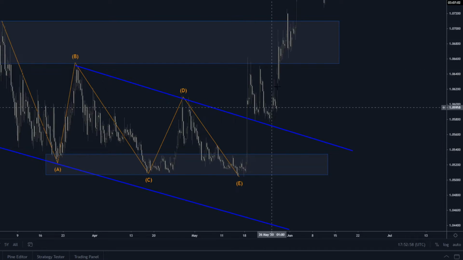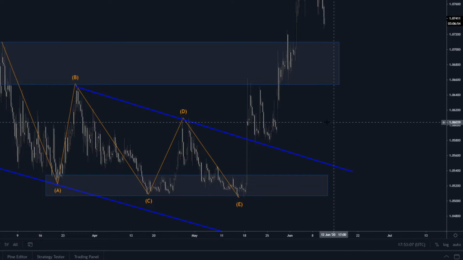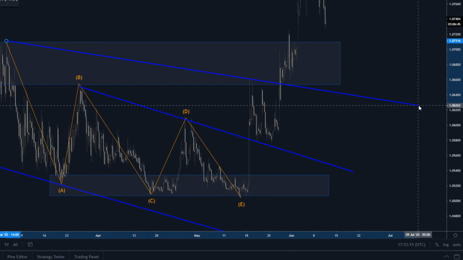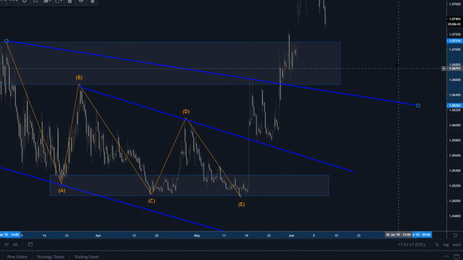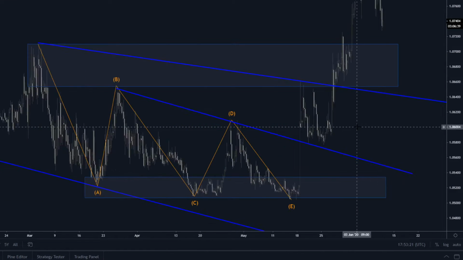And this is the first point where I start entering that pattern. And then once the pump and dump has been identified, the other point that I like to see is I go back to the first high, and then I connect the high of the pump and dump pattern, which is here. And this can become my second point of entry.